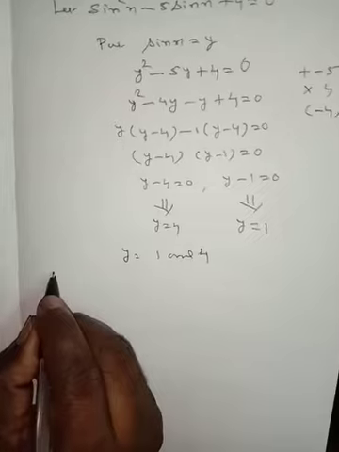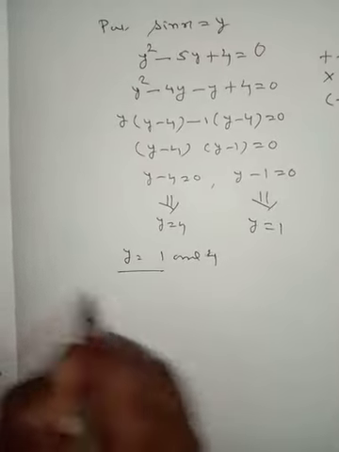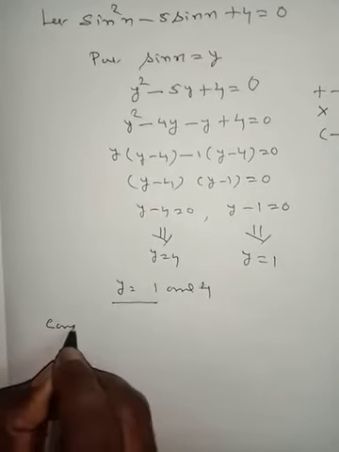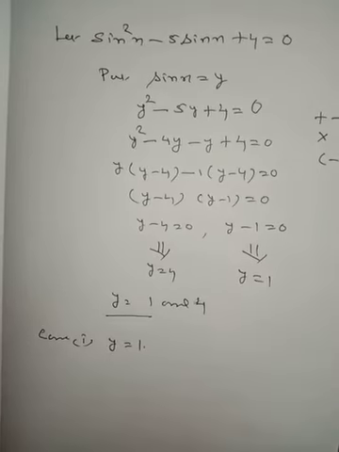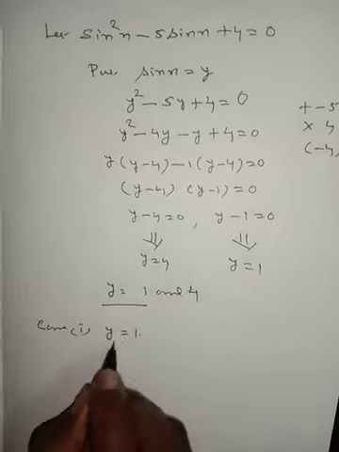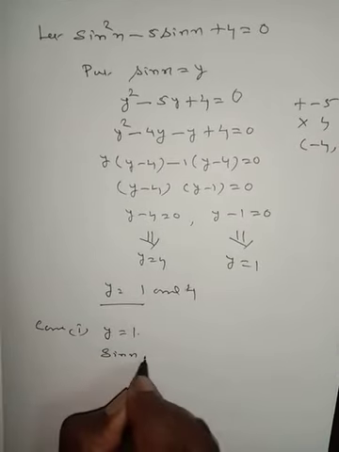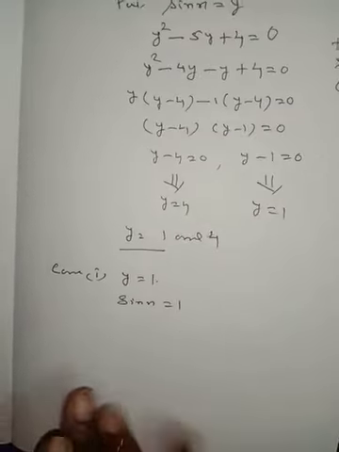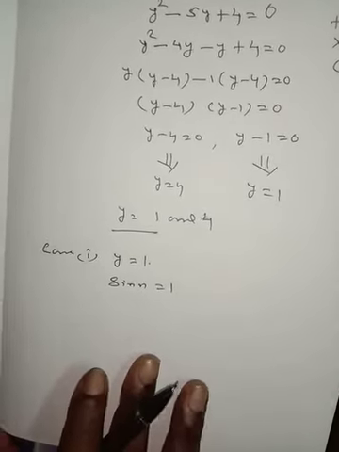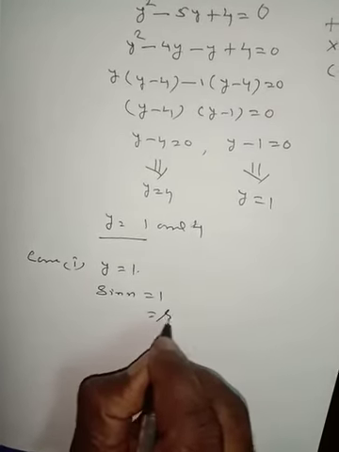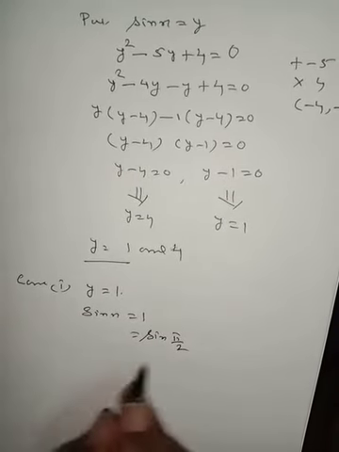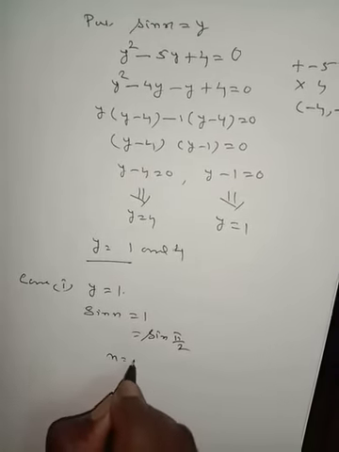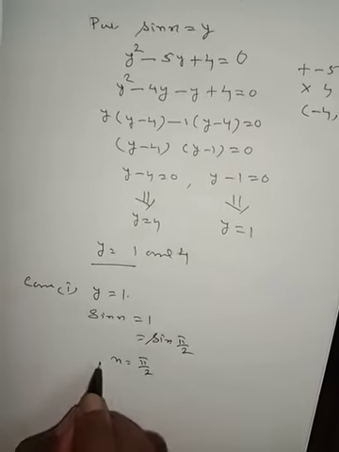Case number 1, y is equal to 1. y means sin x. Therefore sin x is equal to 1. Sin of 1 is sin pi by 2. Taking sin inverse on both sides, we have x is equal to pi by 2.